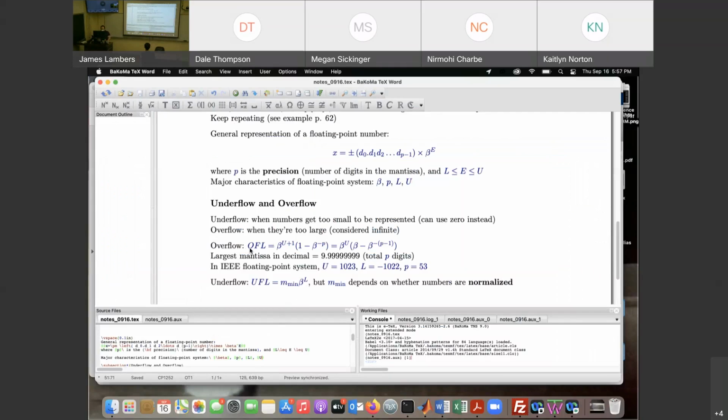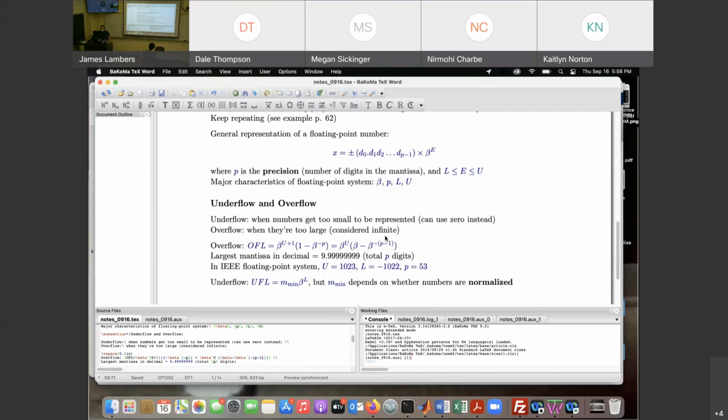So we can actually know how large is too large. What is the overflow level? So that's called OFL, overflow level. This is a value for whatever floating point system you have, because this value right here is the largest mantissa you can have.